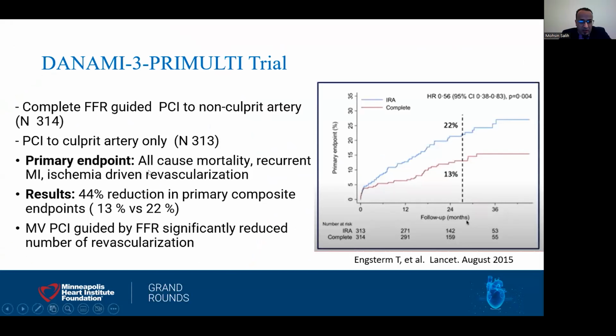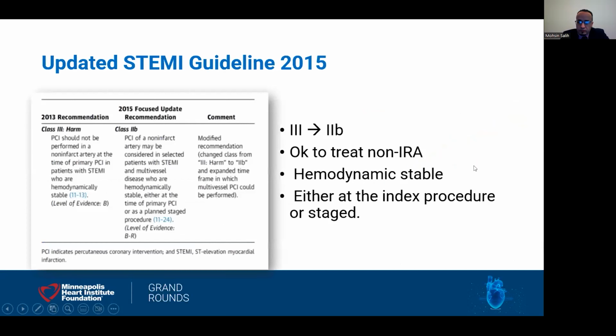The primary endpoint is MACE, which is all-cause mortality, recurrent MI, and ischemia-driven revascularization, and the study showed a 44% reduction in the composite endpoint, where the primary endpoint happened in 13% with complete revascularization guided by FFR versus 22% in the culprit-only group. FFR-guided multivessel PCI reduced the number of revascularizations. And in the Kaplan-Meier, you see the primary endpoint for complete revascularization guided by FFR is much lower.